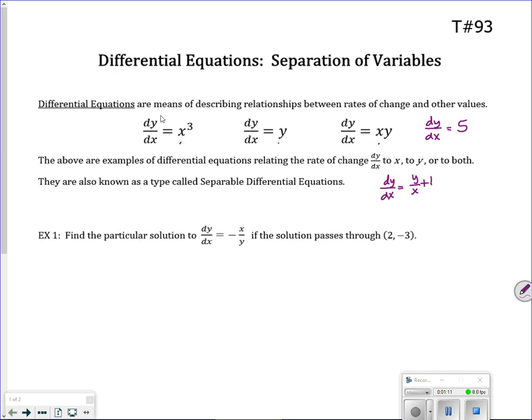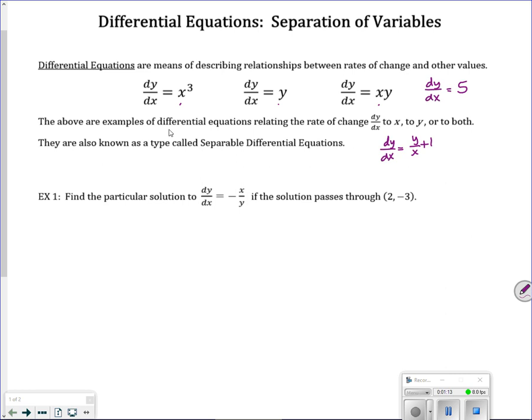So remember when it asks you to find the particular solution, because it doesn't have to be x and y, it means that if they give you this, the answer is an equation for this top variable in terms of the bottom one.